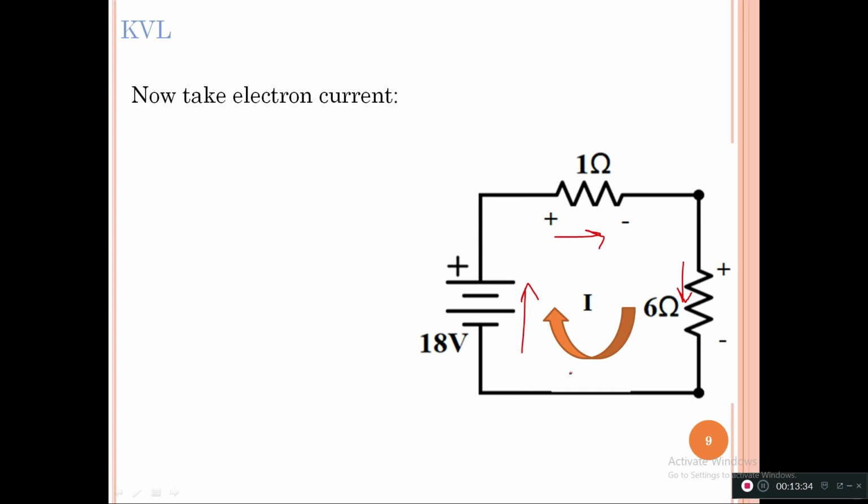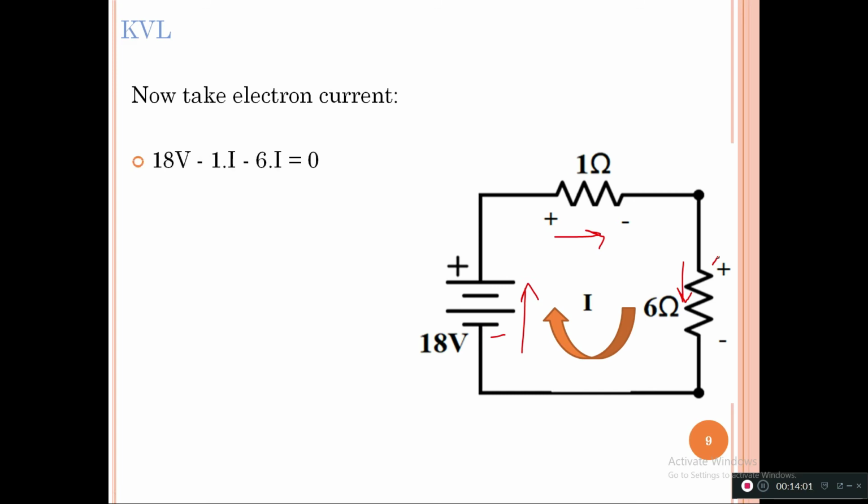And since the electron current is entering from the negative terminal of the battery here, I will take it positive, as per the convention of electron current. And since here it is entering from the positive terminal, I will take it as negative. And again it is entering from a positive terminal, so I will again take it as negative as per the concept of the electron current.